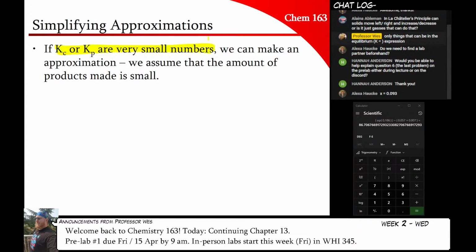And what X is small assumes is that, well, if I have a very small KP or KC for some reaction, so I'm going to just write a generic reaction on the screen here. So if K is small, then I would know that I have mostly reactants.